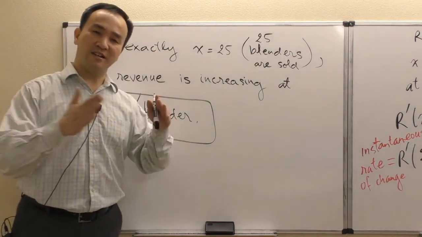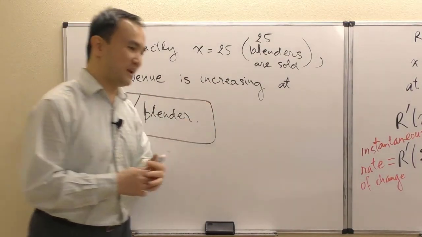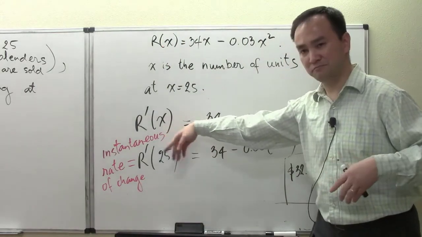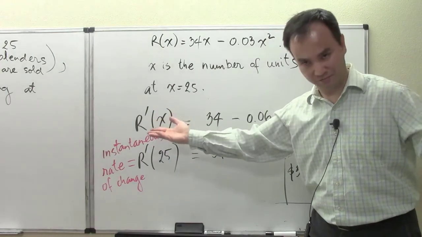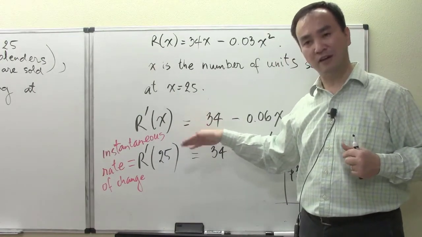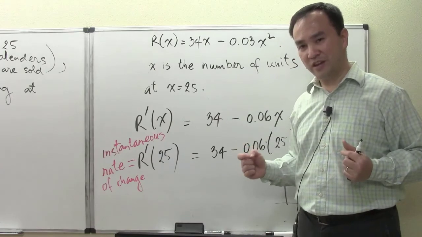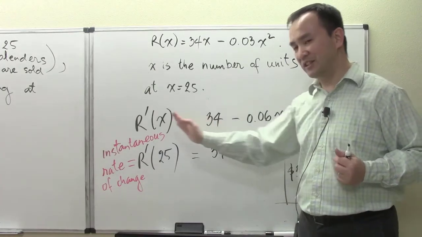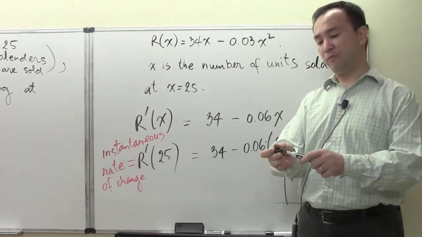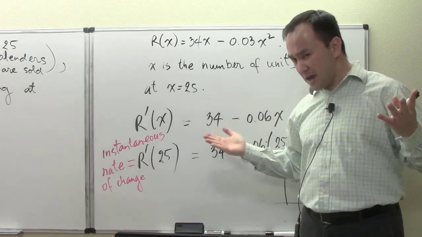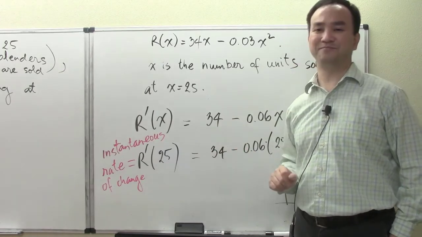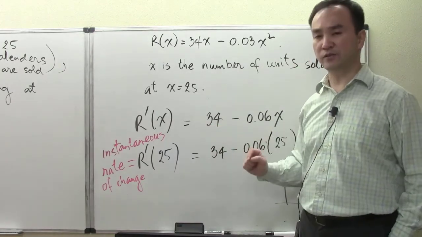Feel free to try the same example with the same function, but after you have your R prime, try x equals 26, just one more unit compared to 25, and trust me, the value will come out different. That's why I want to reinforce the idea that the rate we found here is very exact, but only applicable right at that instance. The next one may give you the same value for the rate, but in the end it's still a different rate. And that's the whole idea of instantaneous rate of change.